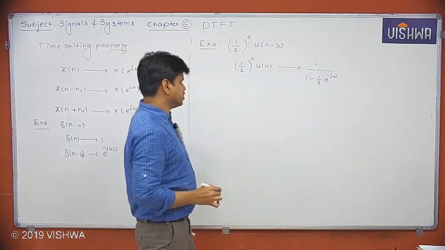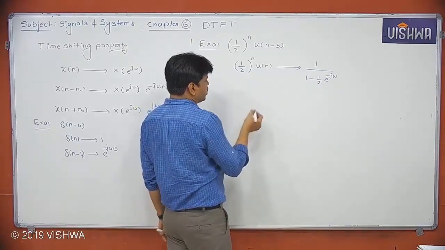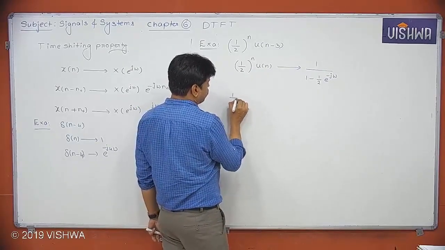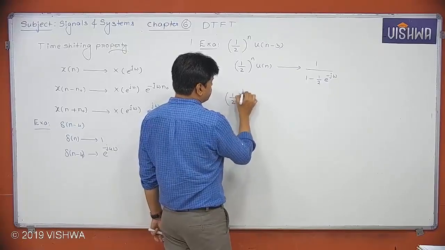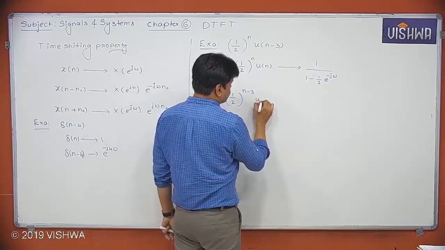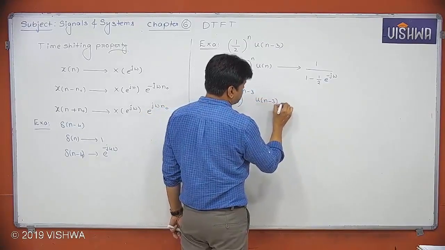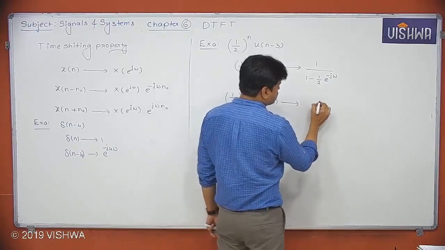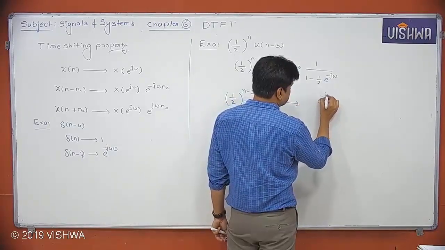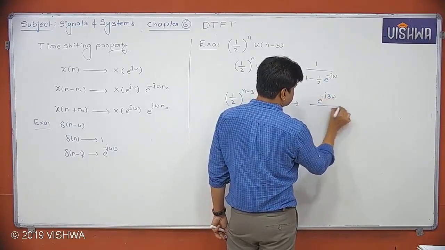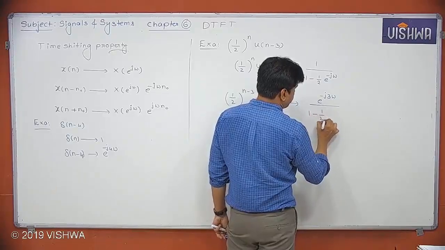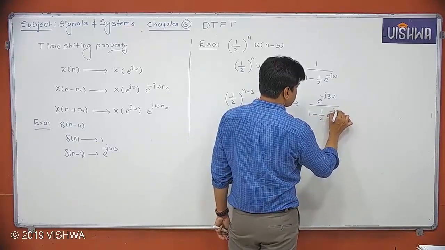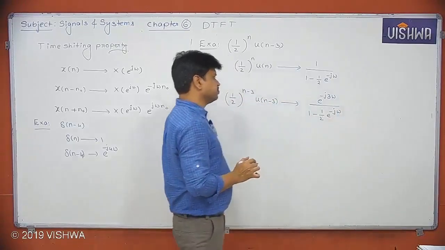Now, if I introduce time shifting, that is (1/2)^(n minus 3) u of n minus 3, then we have to multiply with e power minus j 3 omega, over 1 minus 1 by 2 e power minus j omega.